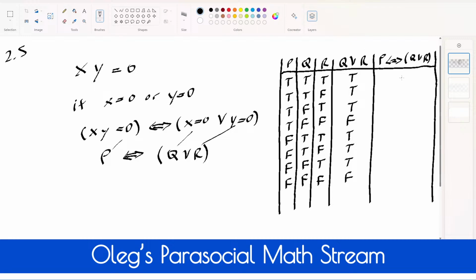So this is going to be true, true, true, true, true, true, true, false, false. So it has to work both ways, if and only if. So then we have false, true. I tend to write slanted. So then we have P again, false, true, false, false, true, false, false, false, true.